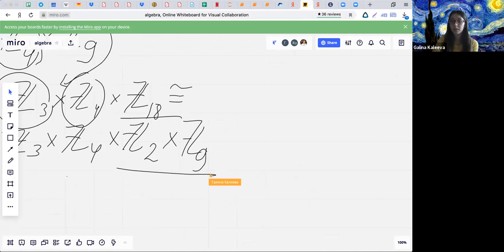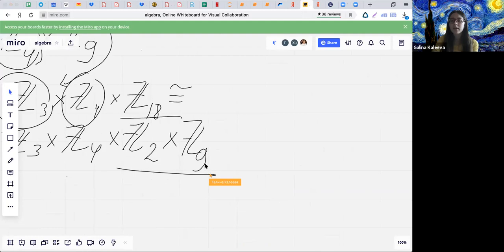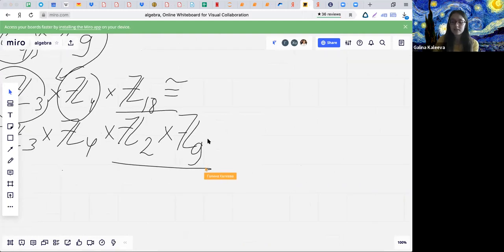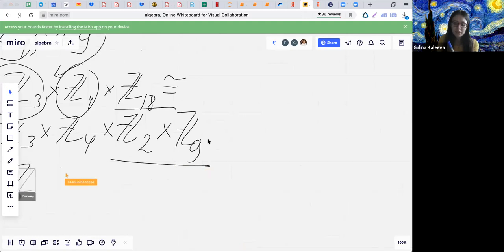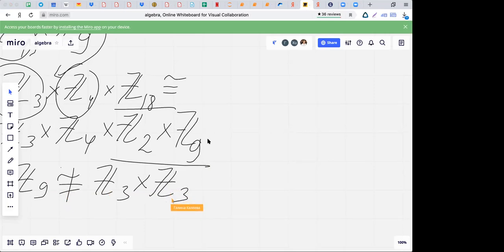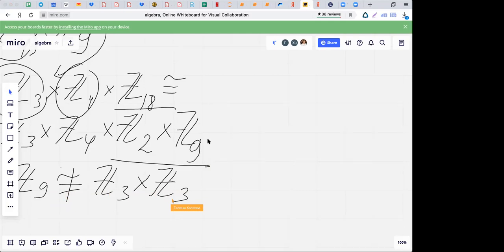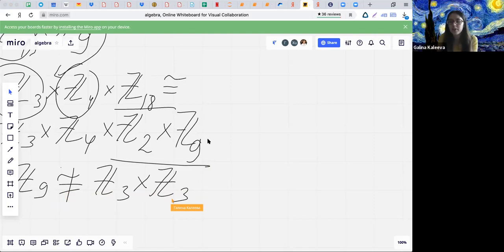You see? So the key property here is that 2 and 9 are coprime. And let's discuss why Z9 is not isomorphic to Z3 direct product Z3. First of all, we can't apply the Chinese remainder theorem here because these numbers are not coprime. But that doesn't mean that there is no isomorphism; we can prove it.